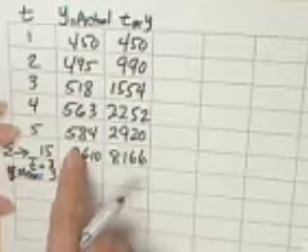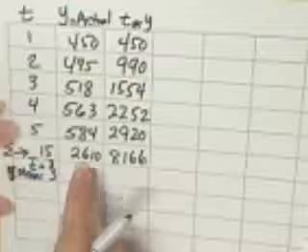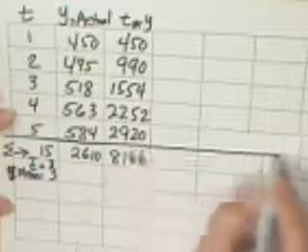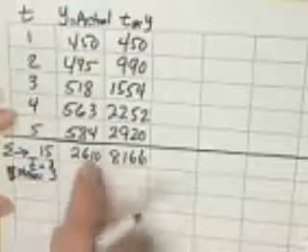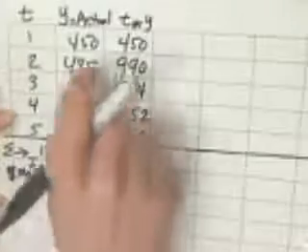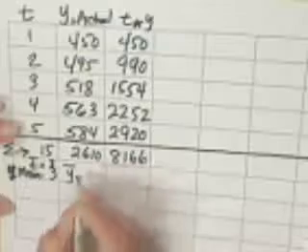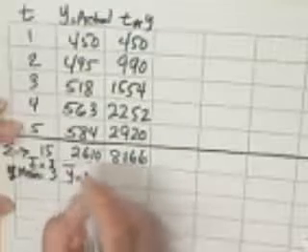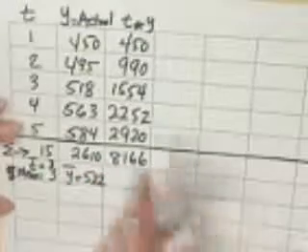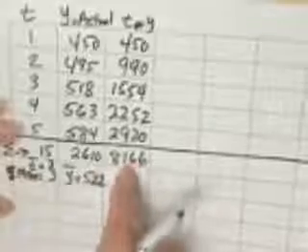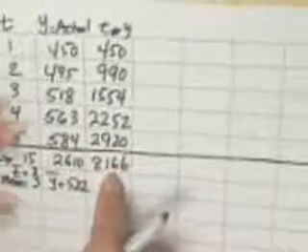The actual for y, summation is 2610. 2610 divided by 5 gives us a y bar, or an average value of 522. The summation is what we need here. We don't need an average for it.